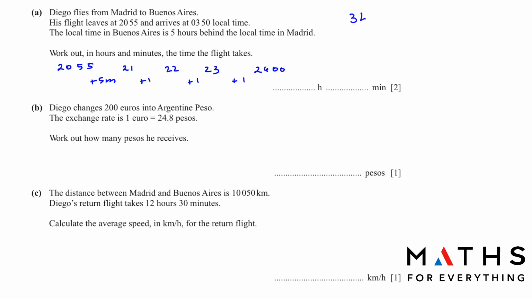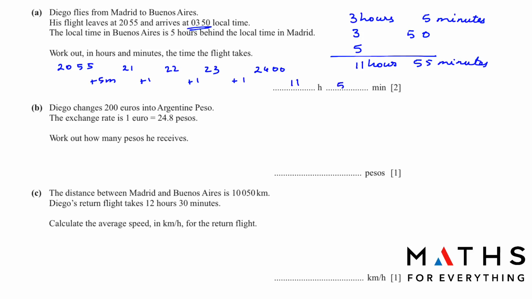Total, we have 3 hours and 5 minutes. 24, after that, 3:50 is there. So you add 3 hours and 50 minutes. But you also have to add 5 hours because they are behind 5 hours. So this will give us 11 hours and 55 minutes. So that's the answer.